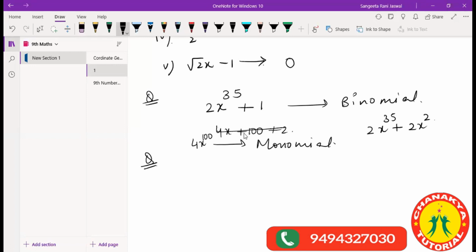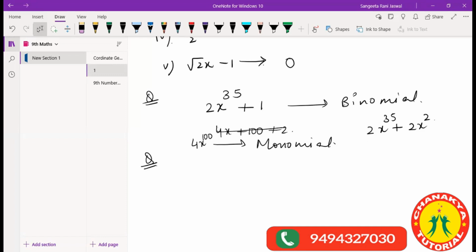Ma'am, in an equation, if they give these degrees and on either side there are equal powers, then you have to simplify them and find the degree.